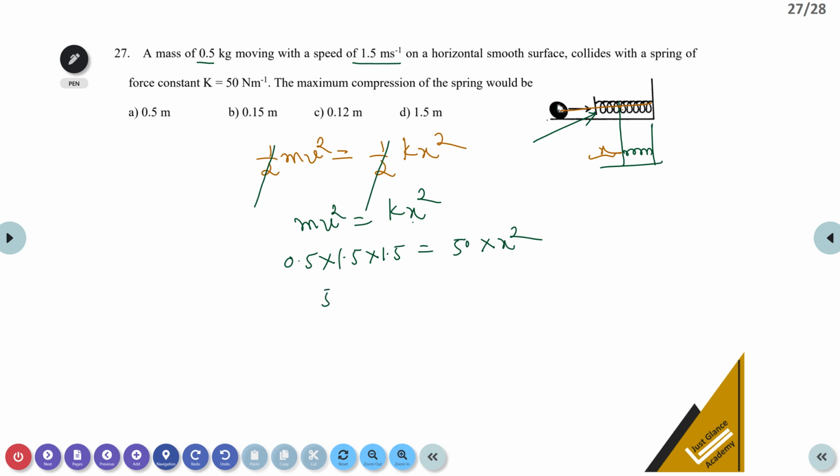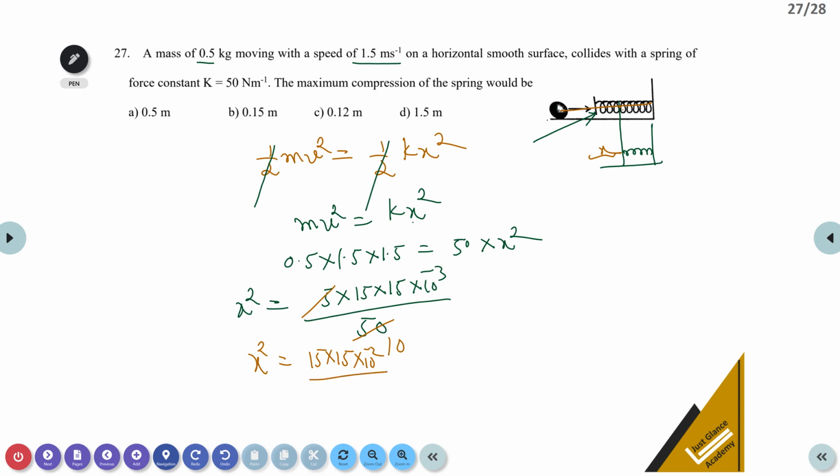Then simplify it. It is 5 into 15 into 10 to the power of minus 3, divided by 50. So x square becomes 15 into 10 to the power of minus 2.